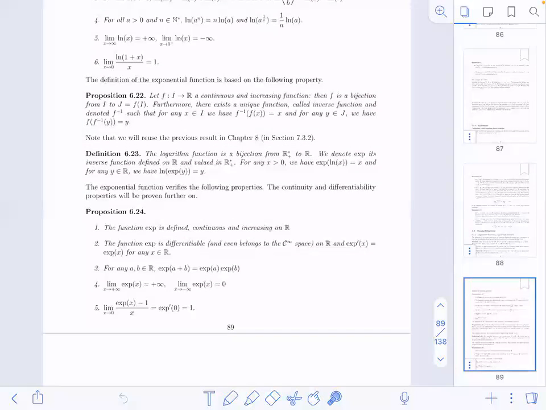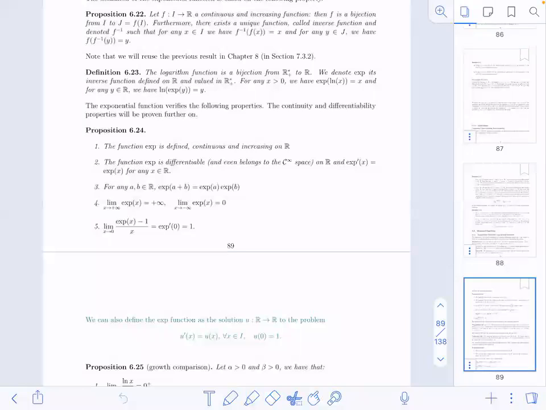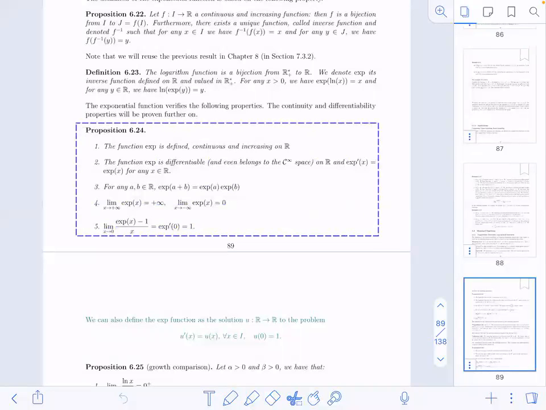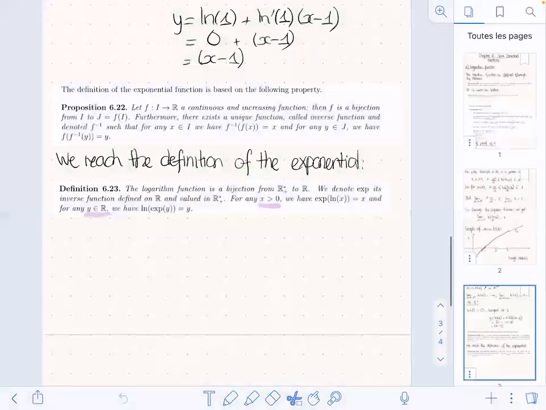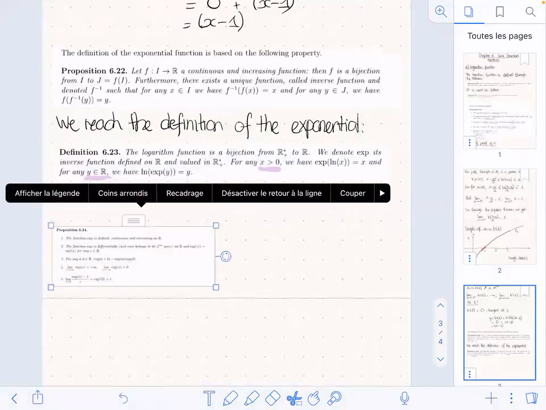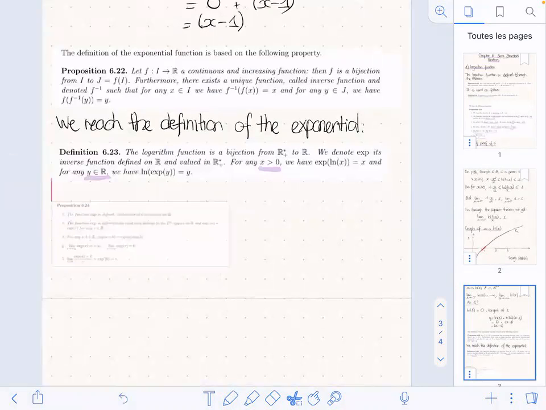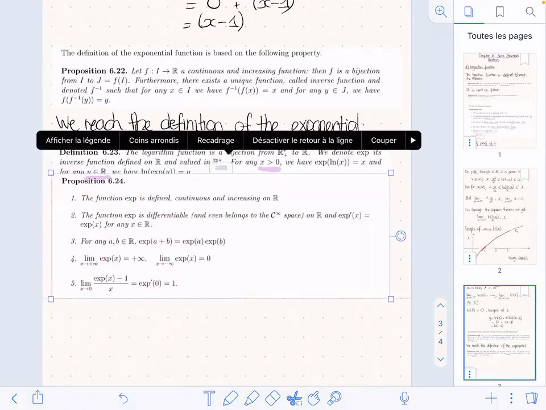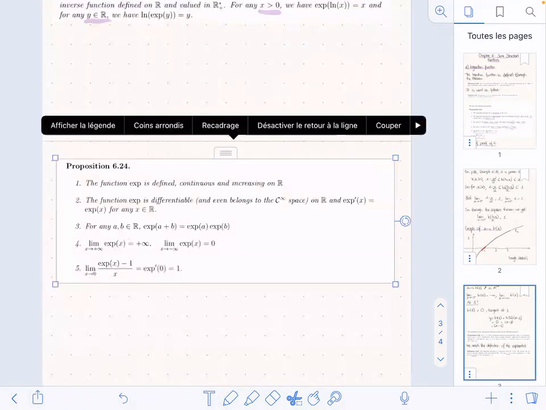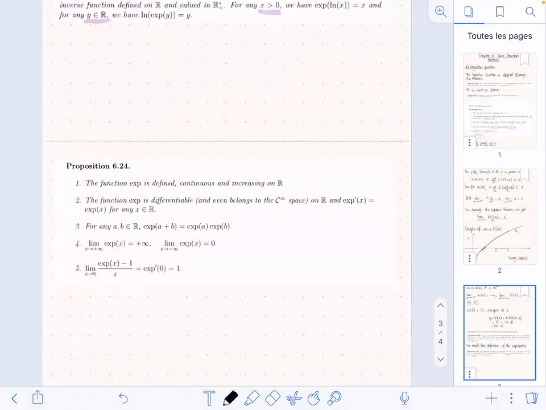And in a similar way to above for the logarithm, we have a bunch of properties for the exponential function. And I don't think there's much that's new here either. So we have the following properties. So they're all quite standard properties.